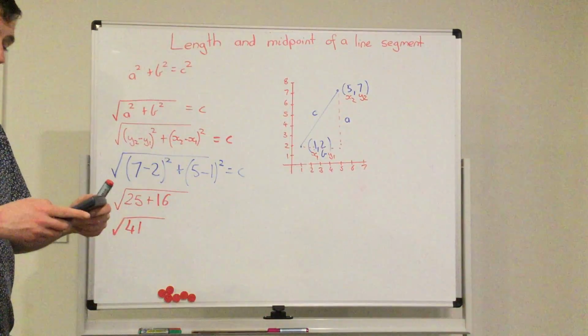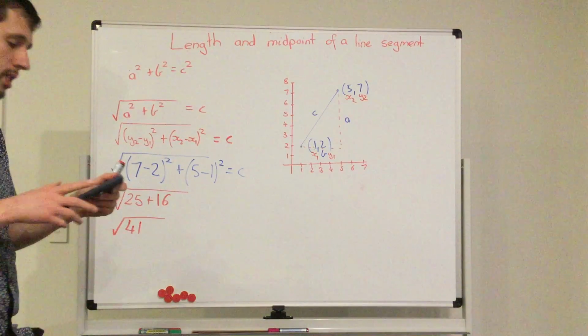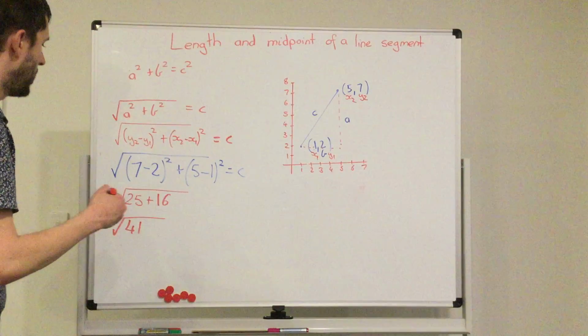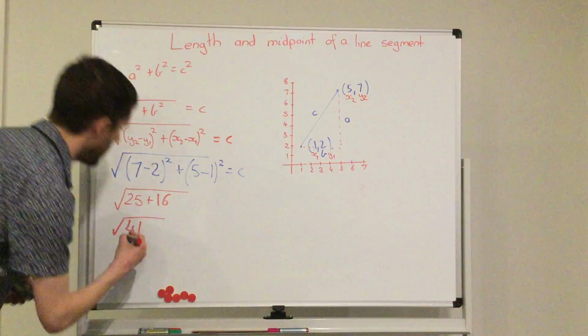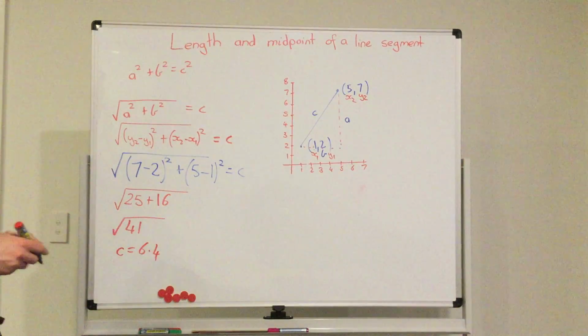You can use a calculator for this. 6.4. So I know that C is going to equal 6.4.